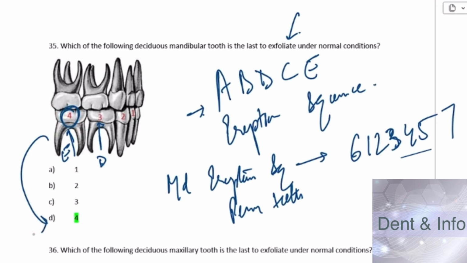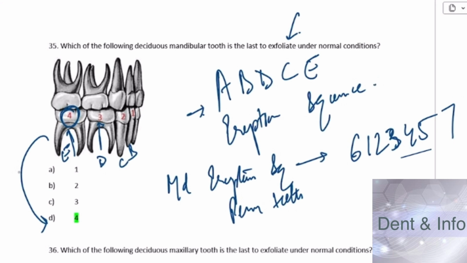Which tooth is last to exfoliate under the given conditions? First see which teeth are numbered: 1, 2, 3, 4. Don't get confused, these are not permanent teeth. Let us say that they have numbered them as B, C, D, and E. Among these, which is the last one to exfoliate? That is E.